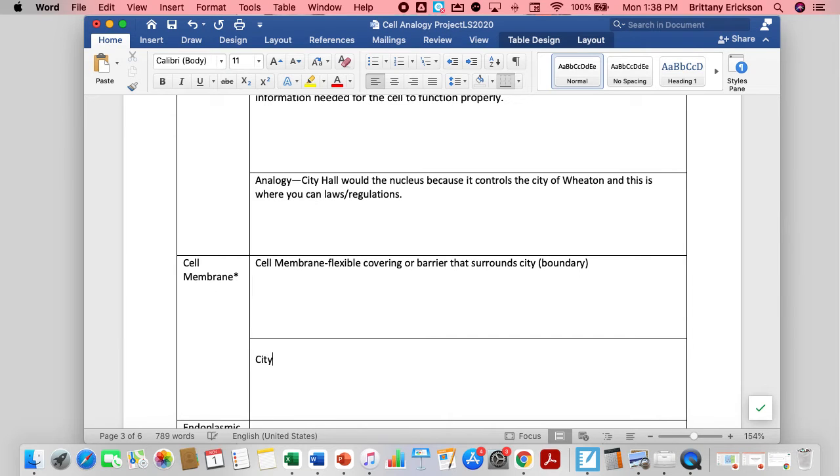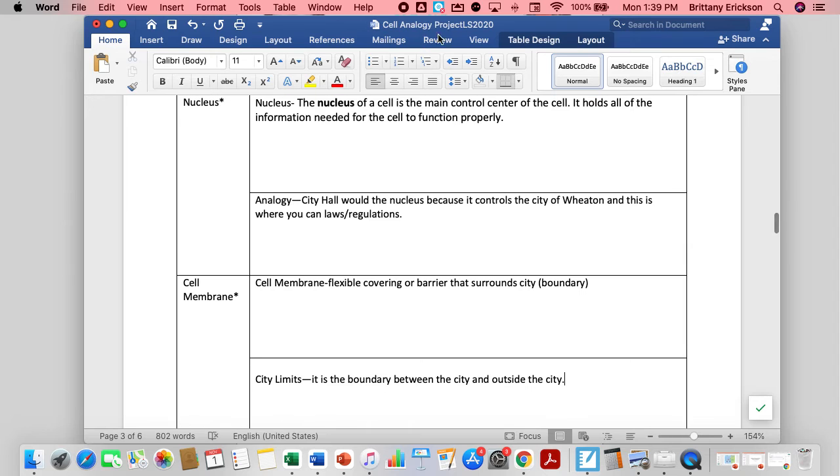Well, I'd say city limits. Okay, it is the boundary between the city and outside the city. I really don't know how you would describe outside the city of Wheaton. But this bottom half is where it fits inside your analogy.